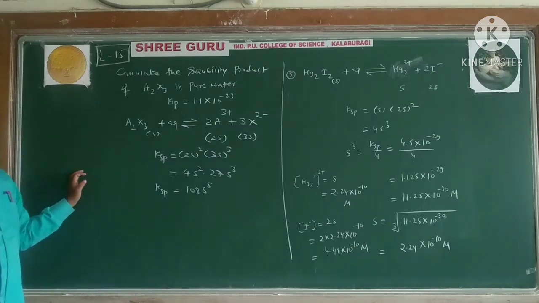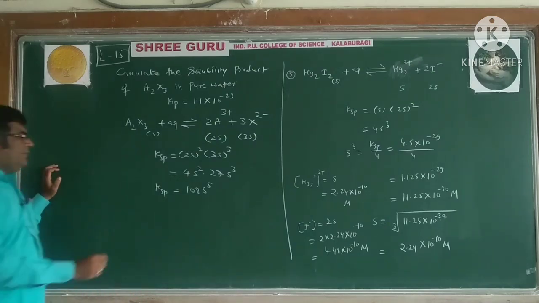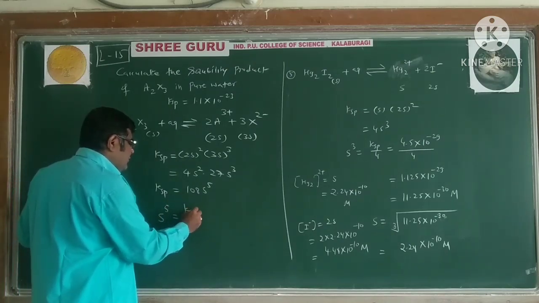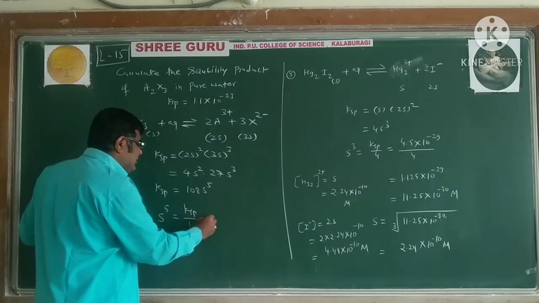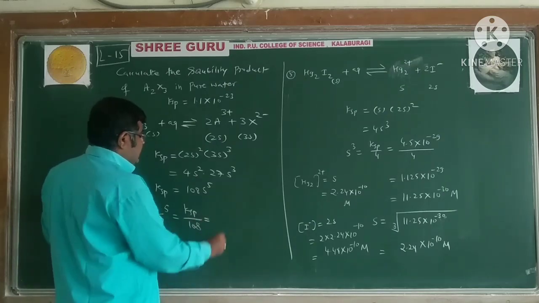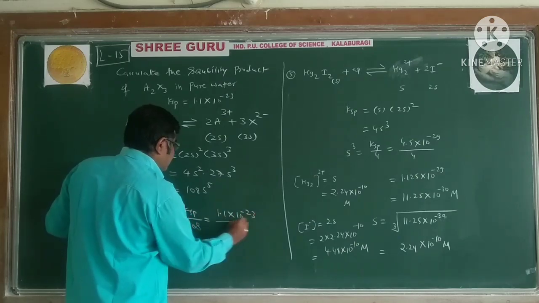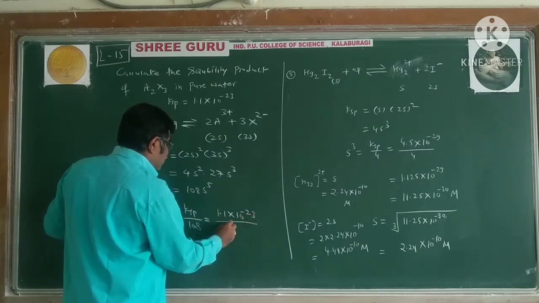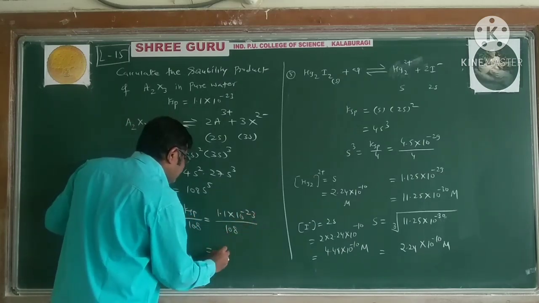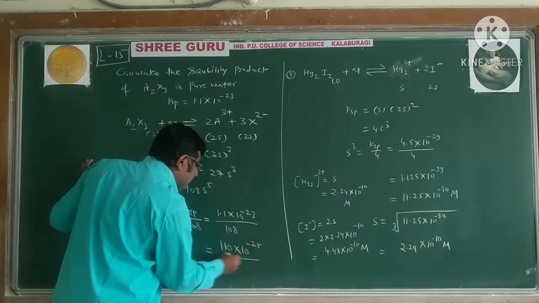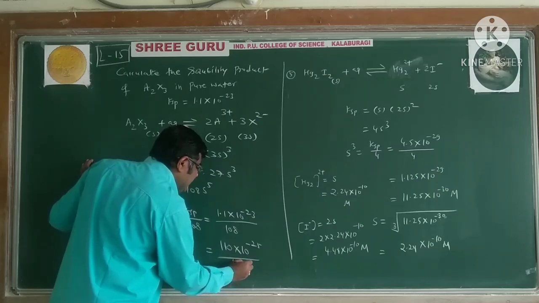So this is how we can arrive at this relation. We can write S5 equals Ksp by 108. The Ksp value is 1.1 into 10 raised to minus 23 divided by 108. We can write this as 110 into 10 raised to minus 25 divided by 108.